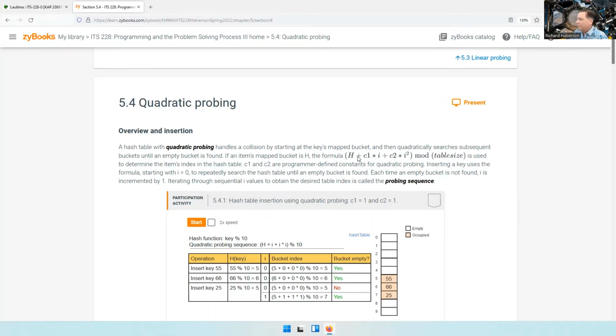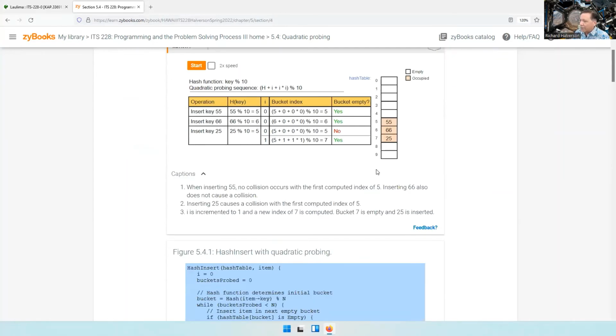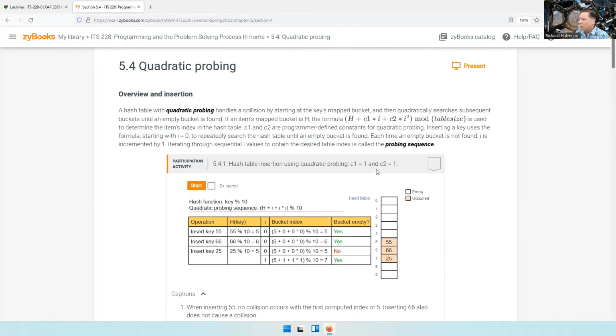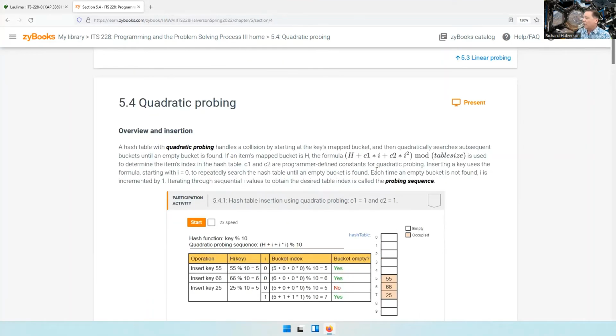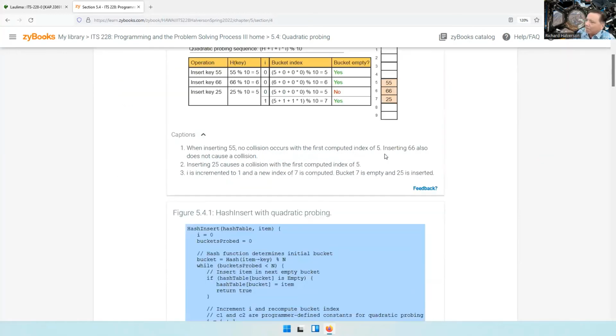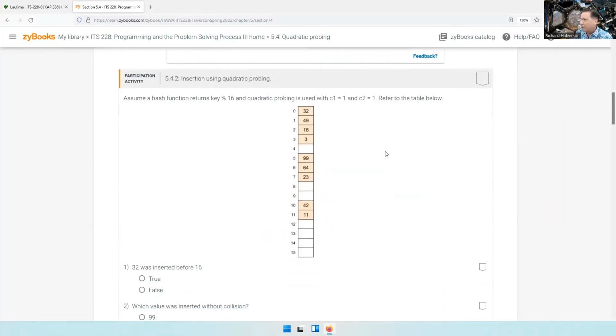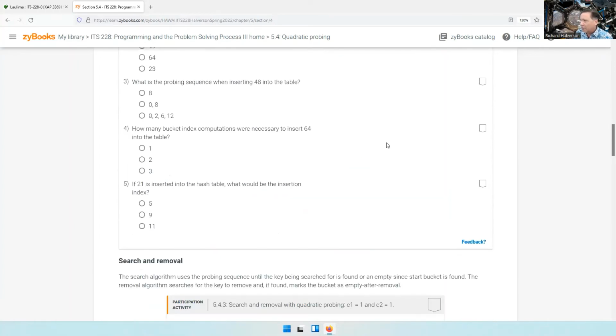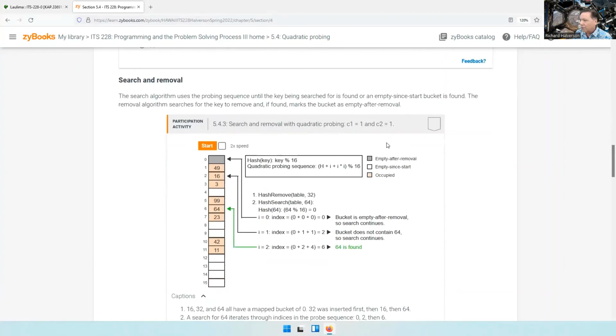So this is the formula for quadratic probing, and it's the same as linear probing, except you're not going right to the next one, you're going to the next one according to this formula, the index of it.